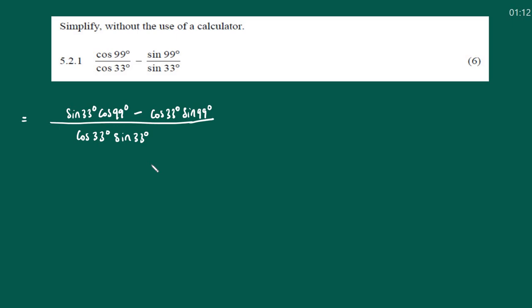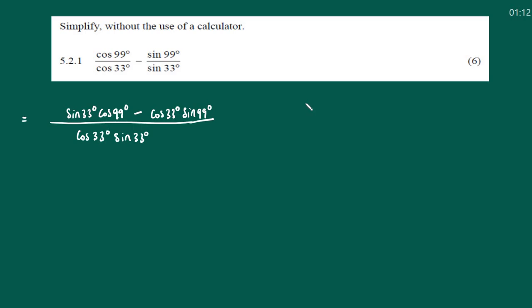Now when it's like this, it does look like something we know. You have sine, cos, cos, sine. If you remember when we started, I told you that when you have those expanded versions of the compound angles, you can know that it relates to one of them.